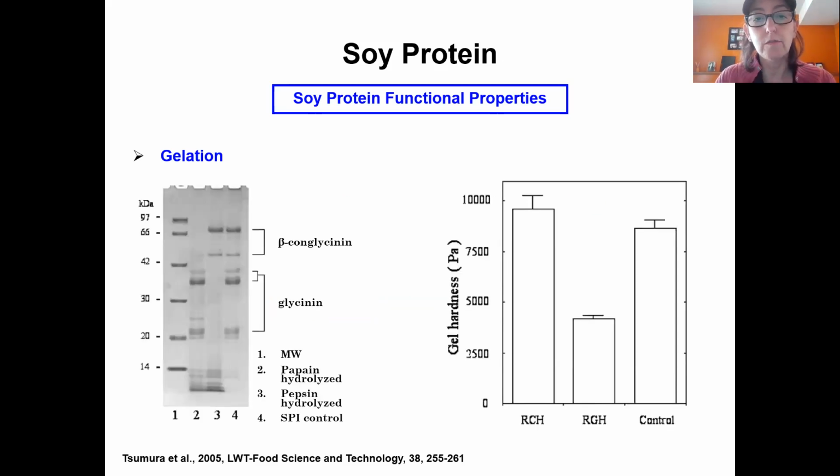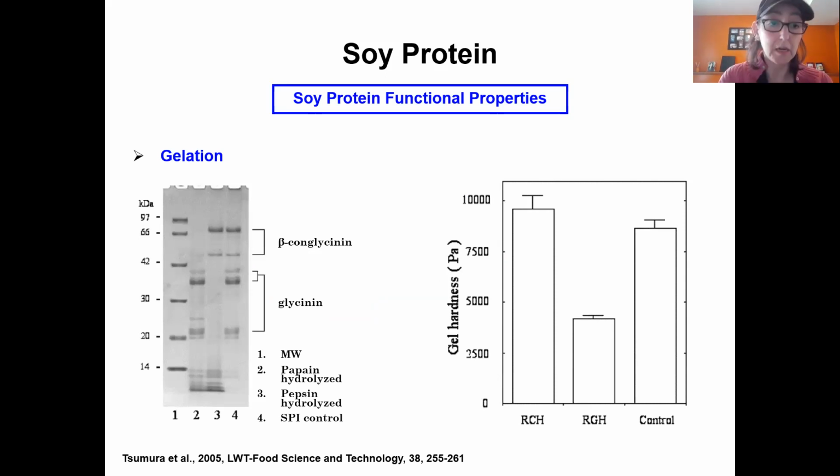So here's a research article that looked at the impact of the different subunits, the different components and fractions, on gelation, and they used enzymes to determine the impact of the different fractions or components of the protein on gelation.